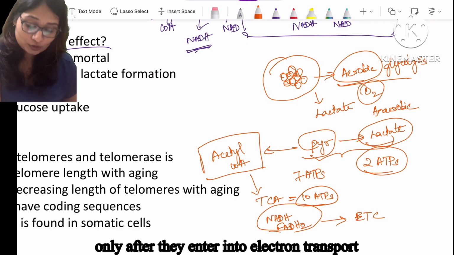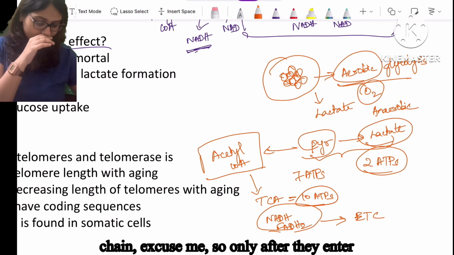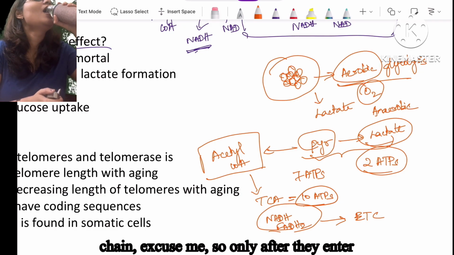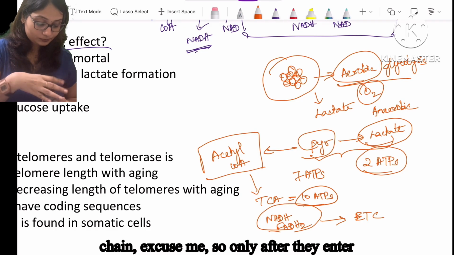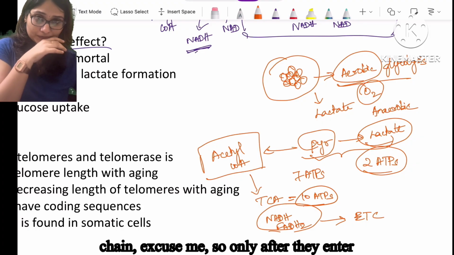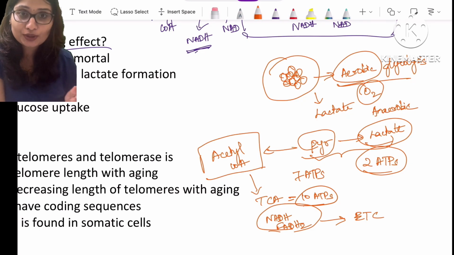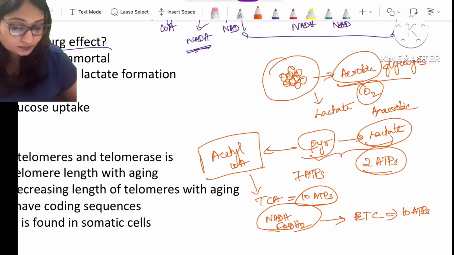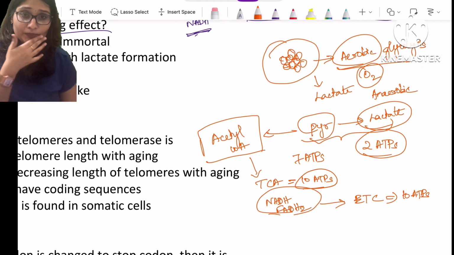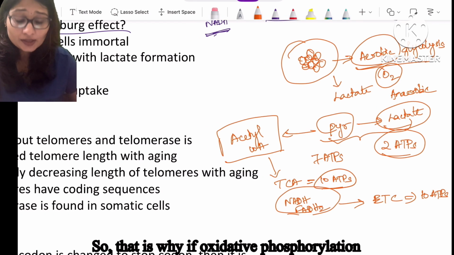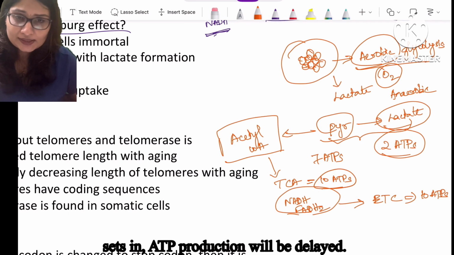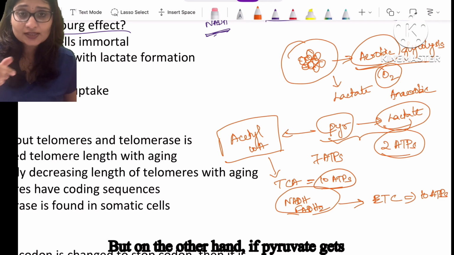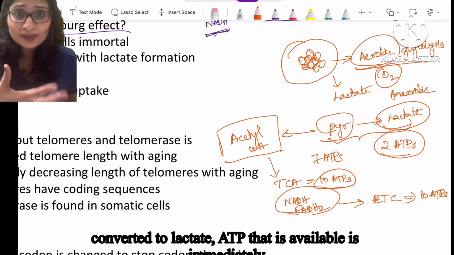Only after they enter into the electron transport chain will they be able to produce 10 ATPs. That is why, if oxidative phosphorylation sets in, ATP production will be delayed. But on the other hand, if pyruvate gets converted to lactate, the ATP is immediately available.